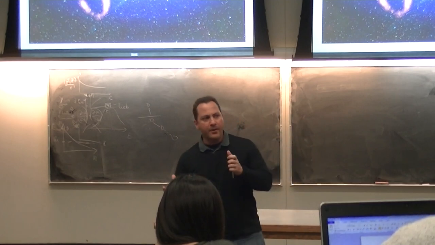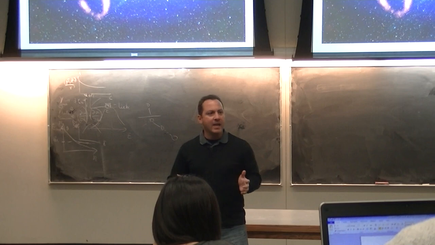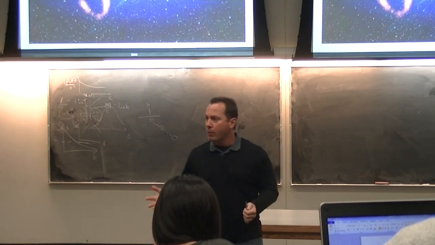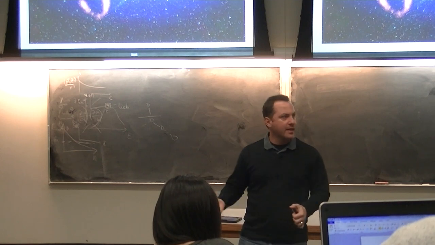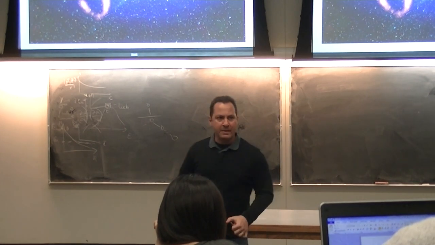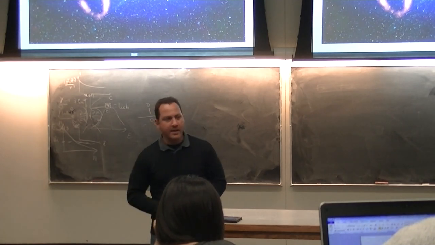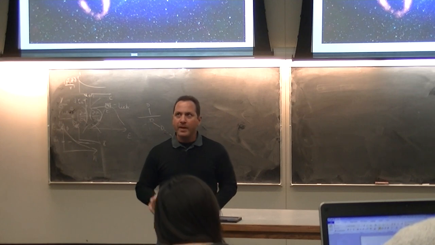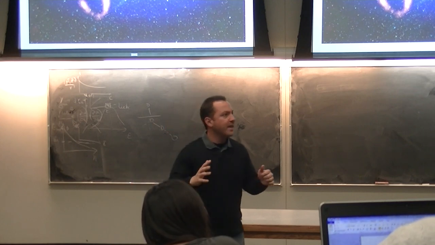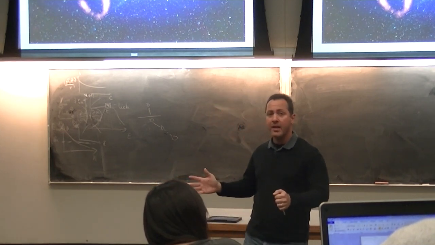About 3 minutes after the Big Bang, about 98% of everything that existed was in the form of hydrogen and helium. After a few billion years, still 98% of everything that exists in the galaxy, in the universe, is hydrogen and helium.